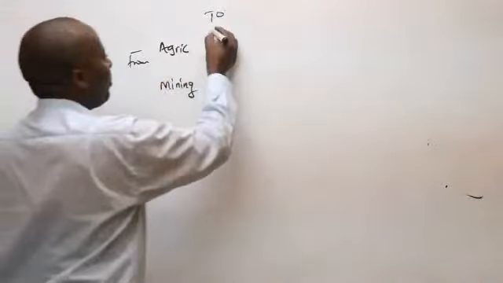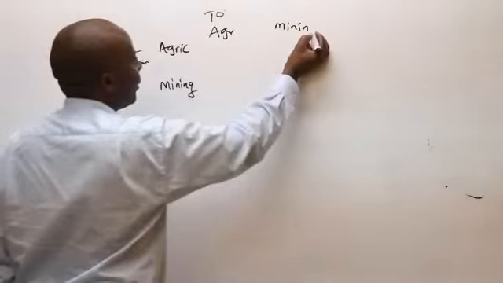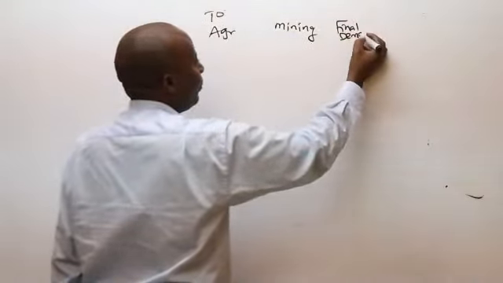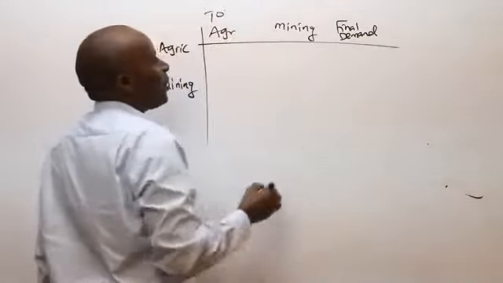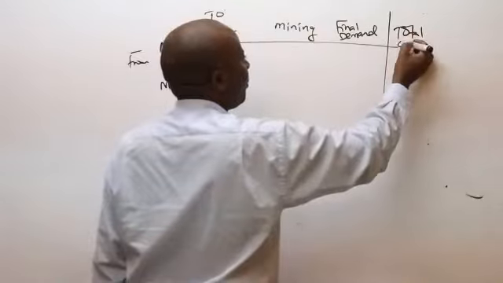We have the same matrix here, agriculture, mining. Then we have the final demand, and the total output.